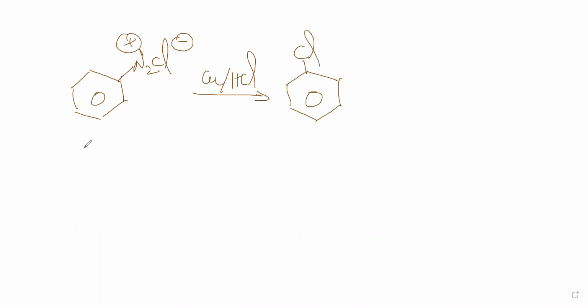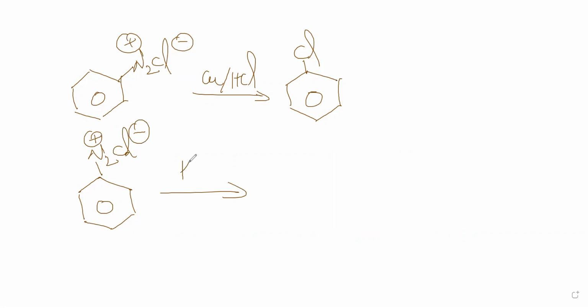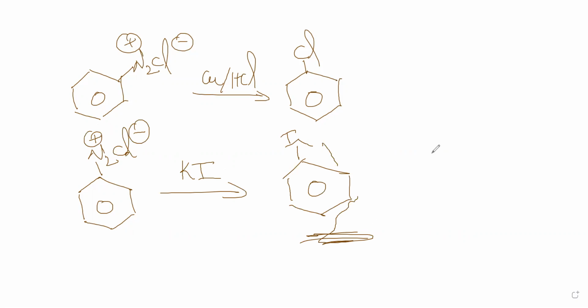Another thing you can see is how we prepare the iodide. So N2+ Cl-. Now you treat it with potassium iodide, and then you get iodine substitution on the benzene ring.